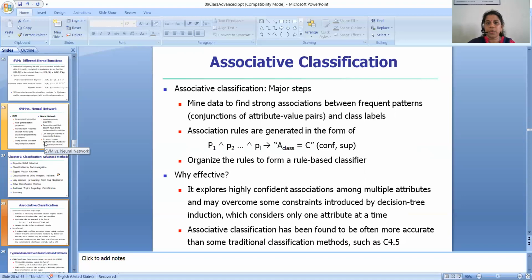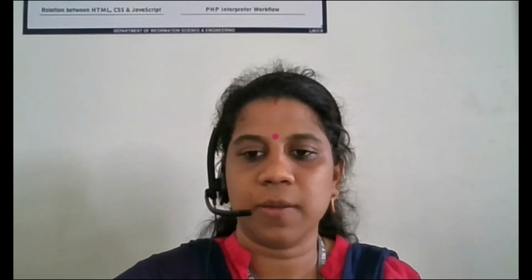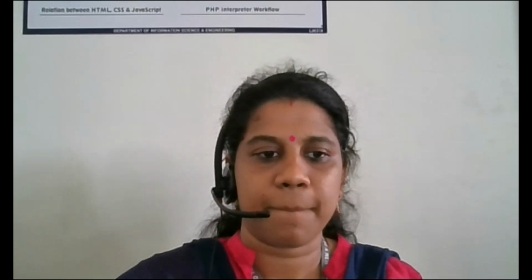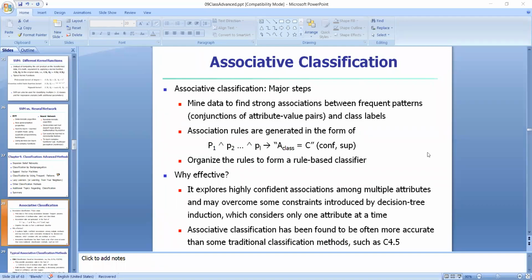Now we are moving to another method, that is associative classification. So we'll see associative classification.